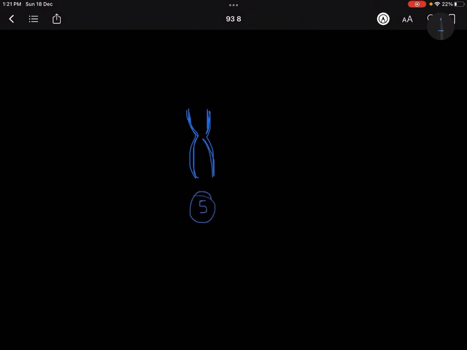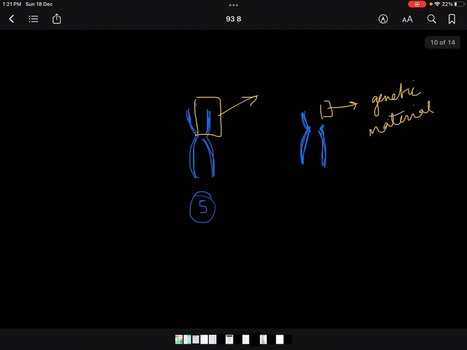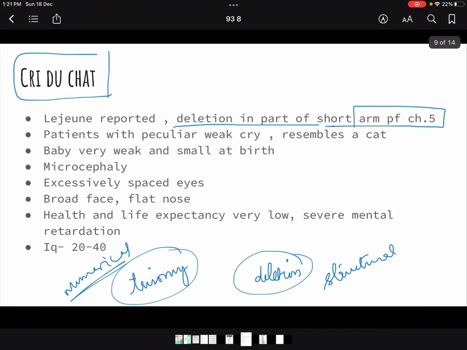But now there is deletion somewhere, so it looks somewhat like this. So one arm, in this case I have shown this arm, in this short arm there is deletion, and some part of the genetic material gets deleted in the case of Cri-du-chat. So you understand what we are doing.